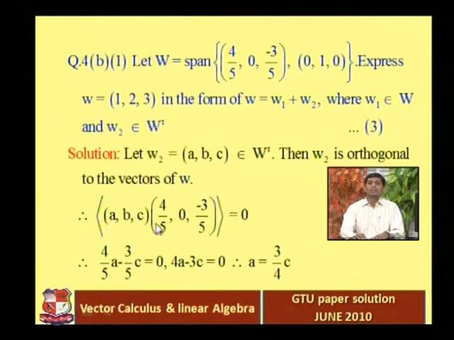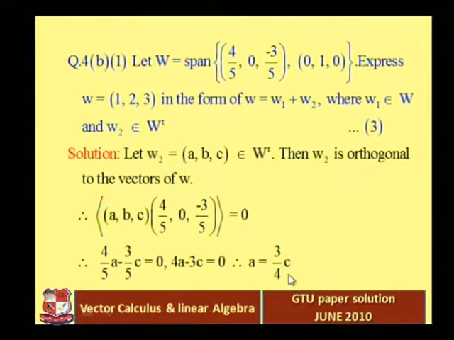So (a, b, c) dot (4/5, 0, -3/5) is equal to 0. From this equation you get 4/5 a minus 3/5 c is equal to 0. Taking 1/5 common, you get 4a minus 3c is equal to 0. Taking a as the subject, a is equal to 3c/4.